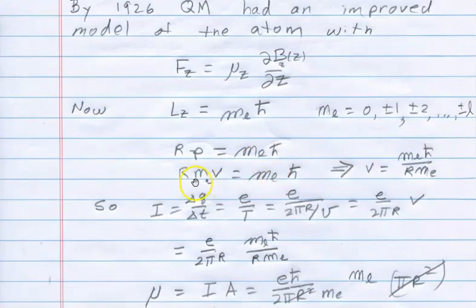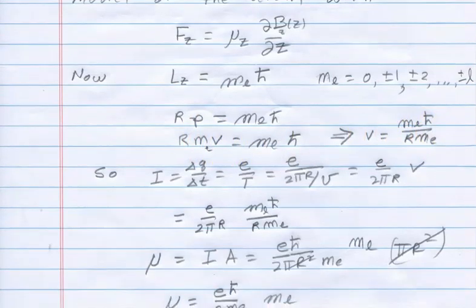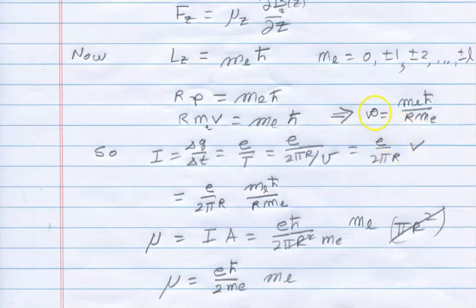One again can solve this for v. The momentum is just mass times the velocity. Solve for v. Did that exactly the same as before. The only difference is that we had n here instead of m sub l, and n goes 1, 2, 3, 4, etc.